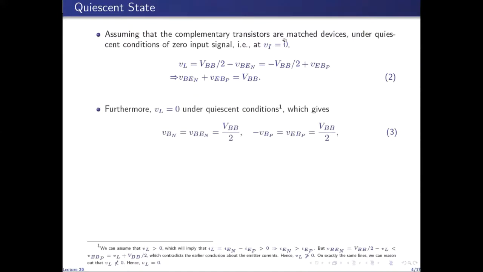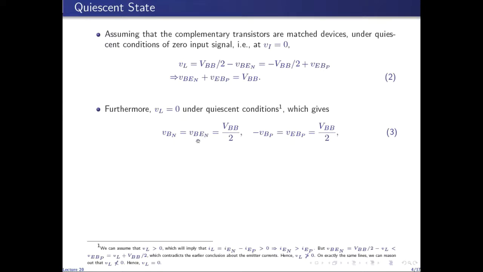Furthermore, as a consequence of this constraint of matched devices, under quiescent conditions the load voltage is 0, which means that when there is no signal applied, the DC content of the load voltage is 0. So when VL is 0 under quiescent conditions, from this expression we can see that VBE of n is equal to VBB by 2, and VEB of p is also equal to VBB by 2.